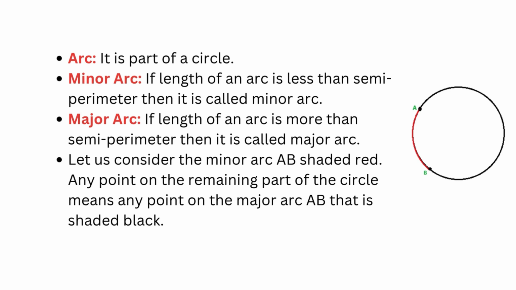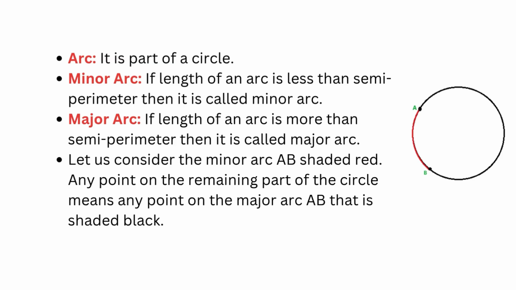What is the statement? The angle subtended by an arc at the center is double the angle subtended by it at any point on the remaining part of the circle. Students, first you must know what is an arc. All of you observe this circle. An arc is part of a circle.